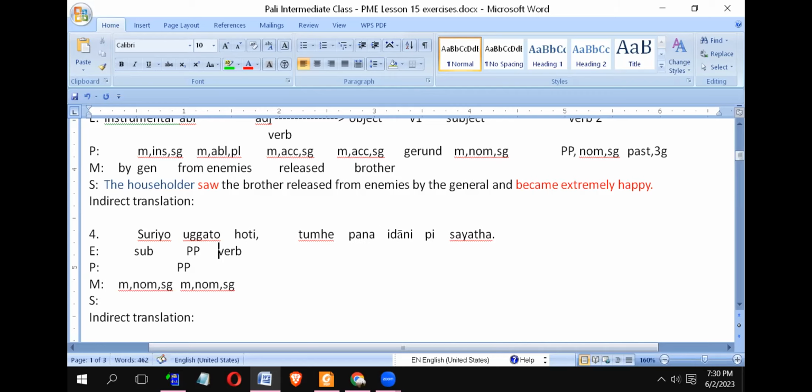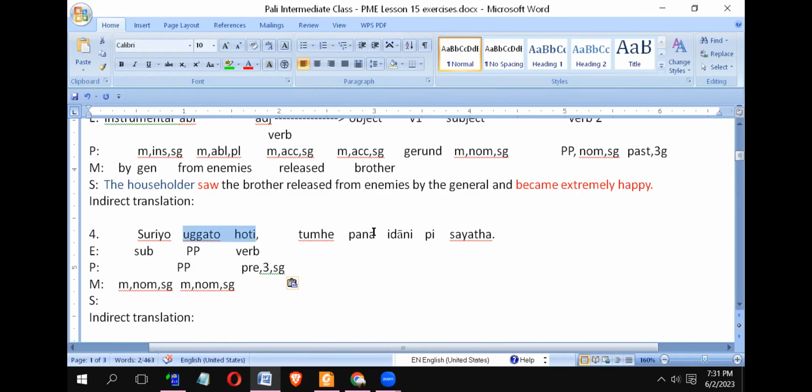Hoti is a verb, present tense, third person singular. Ugato means a reason has arisen.